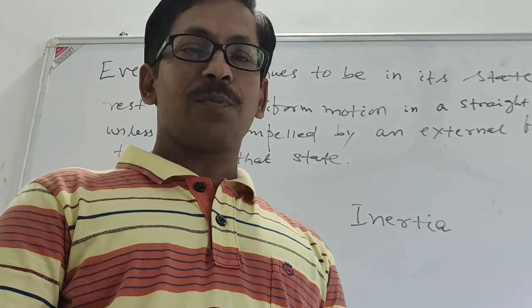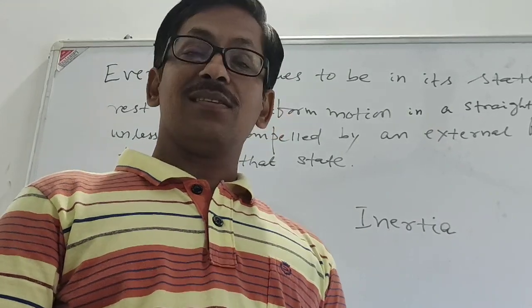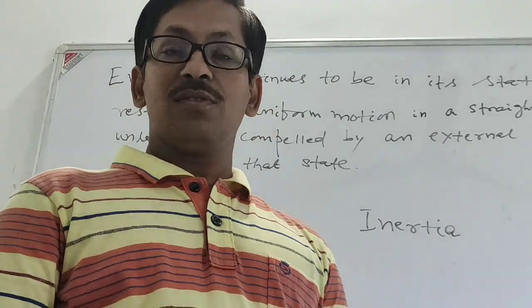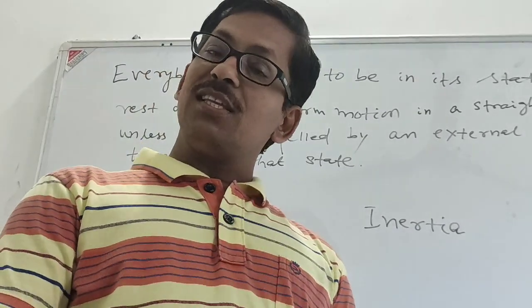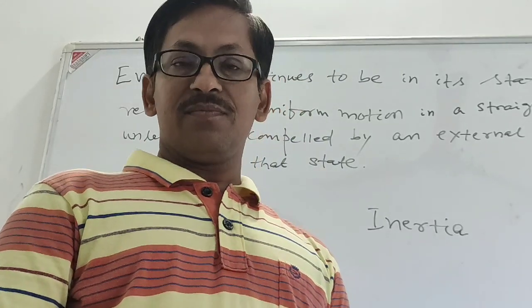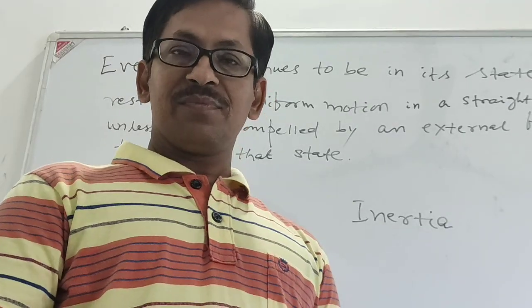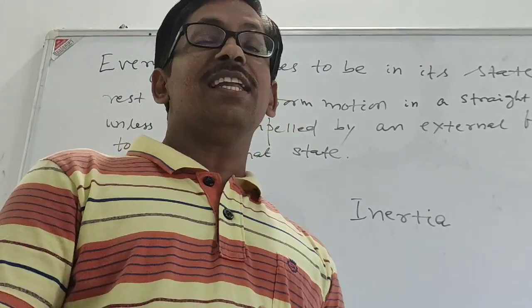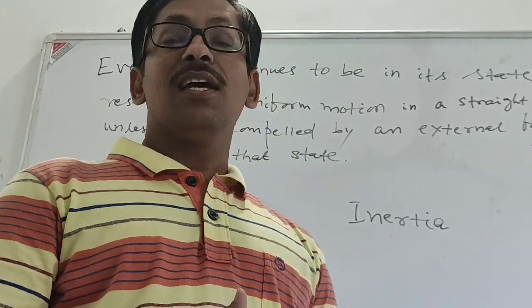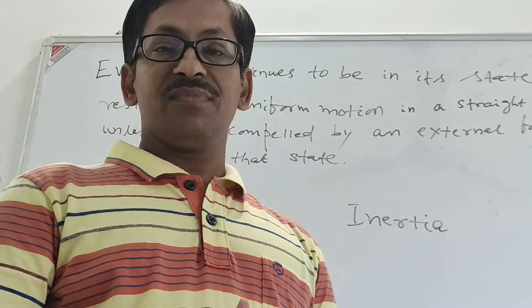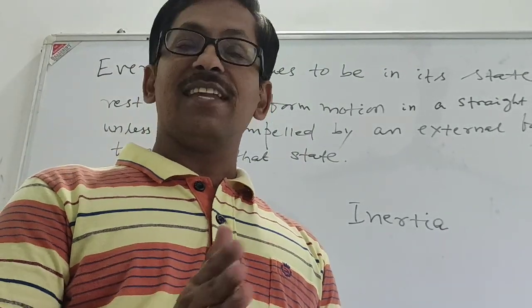That is called inertia of rest. When a body is moving, it tends to remain in the state of motion. That tendency is called inertia of motion. When a body is moving in a specific direction, it tends to remain along the same direction. That is called inertia of direction.